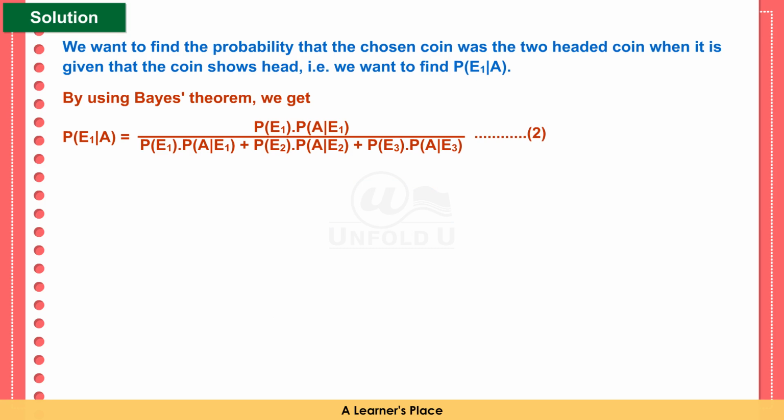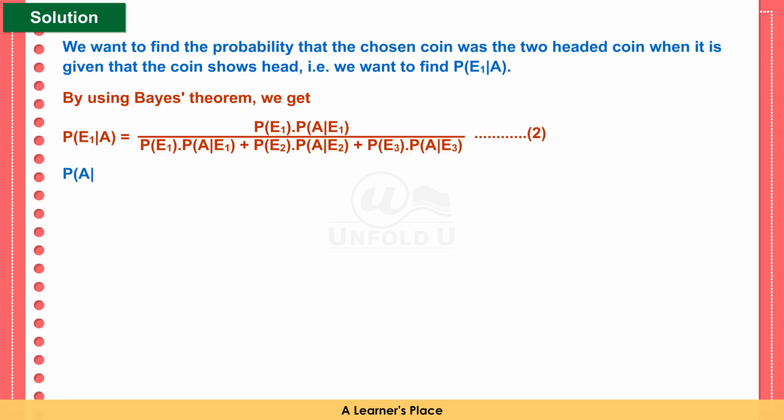To find the required probability, firstly, we will find probability of A given E1, probability of A given E2, and probability of A given E3.